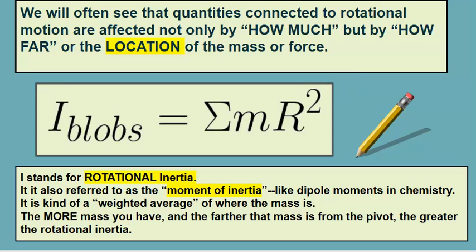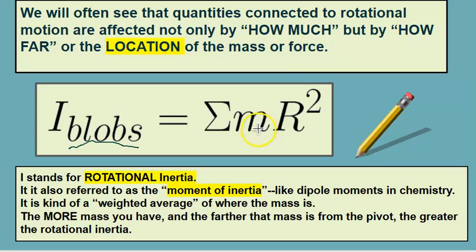The rotational inertia, so I stands for inertia, capital I. And this is my notation or word, blobs, meaning point particles, which hopefully will make sense by the end of this. It is the sum of every single mass, which is a blob.